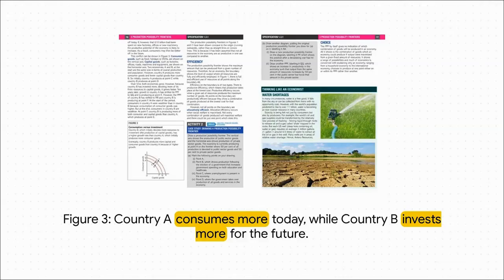It's between two types of goods. You have consumer goods, things like food and clothes, stuff we enjoy right now. And then you have capital goods, things like machinery and technology, which are investments that help us produce even more stuff down the road.